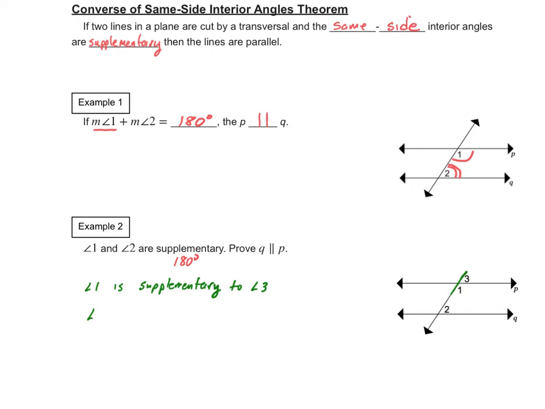And then I know that angle 2 is going to be congruent to angle 3 because both of them are supplementary to the same angle, angle 1, and therefore Q is going to be parallel to P because of the converse of the corresponding angles theorem.